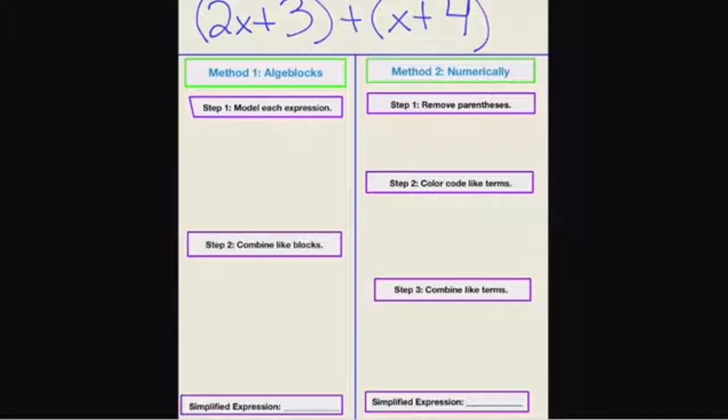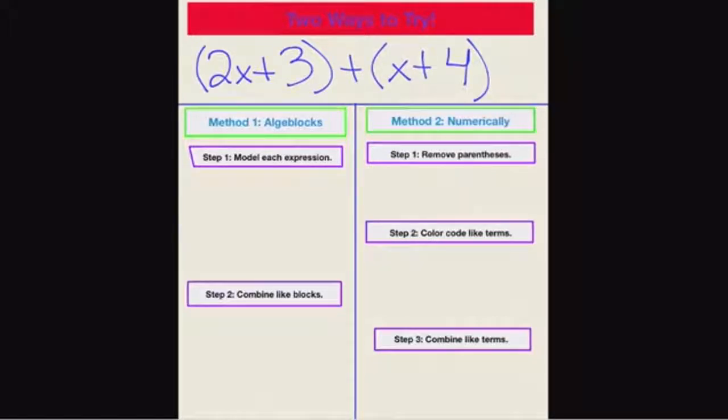Okay, so to do this, make sure you have your bag of Algeblocks and Algeblocks Basic Mat, and make sure you have your camera open to take pictures of your work. So, we're going to start by modeling 2x plus 3, and also x plus 4. I'm going to pull up my camera, and so you can see we've got our Algeblocks Basic Mat here.